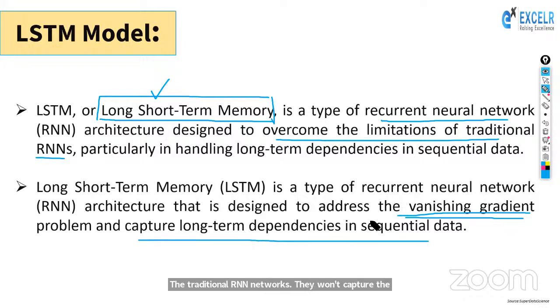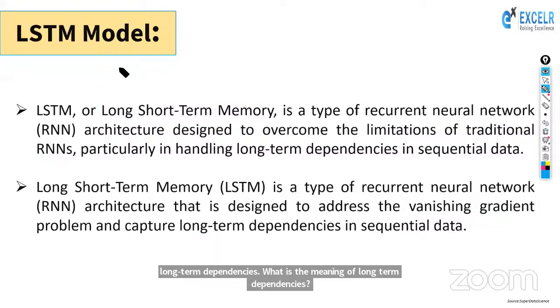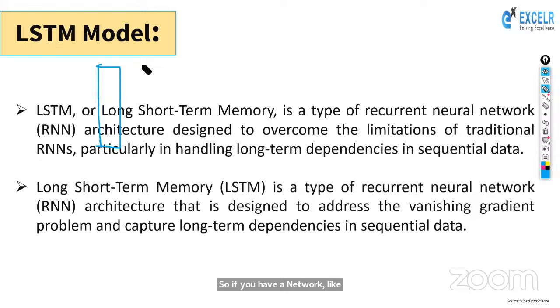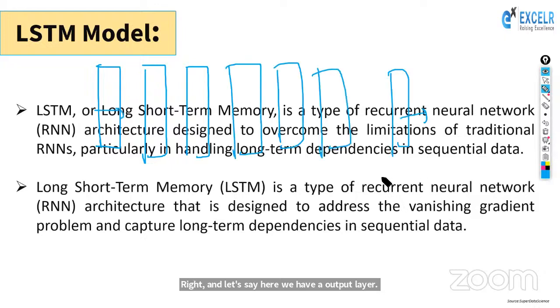What is the meaning of long-term dependencies? If you have a network architecture like this for a traditional RNN, with a number of hidden layers and an output layer, then due to the vanishing gradient problem the weights are not being adjusted for some layers. For the layers close to the output layer, the weights are adjusted.